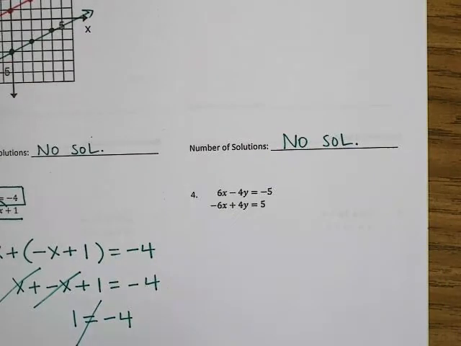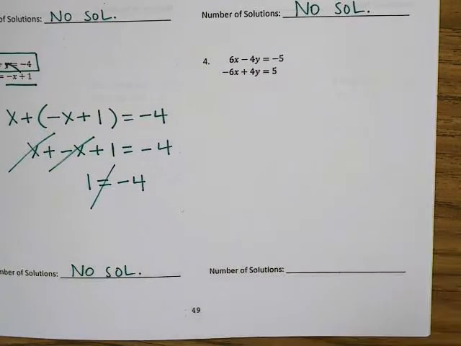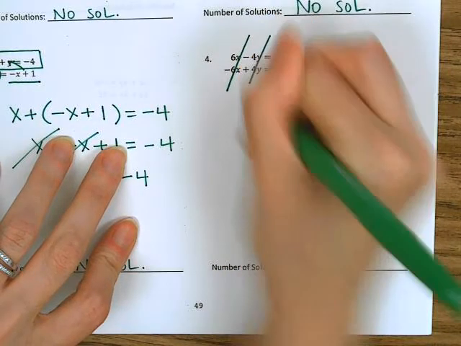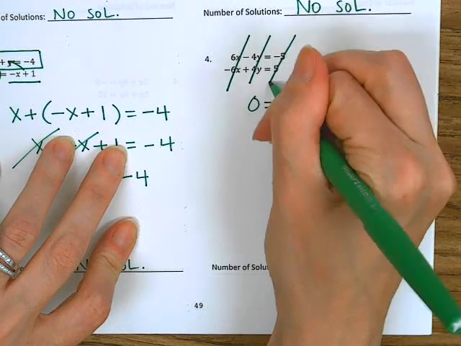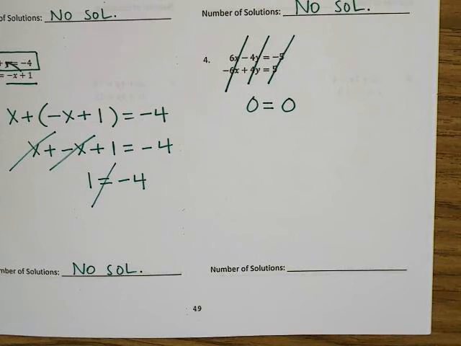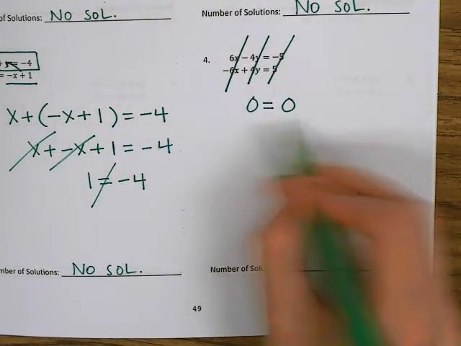And lastly, number 4, I would do elimination. So if you add these, they cancel, you're left with 0 equals, well, these cancel too. So 0 equals 0. Well, in this case, 0 does equal 0. And that's always true.